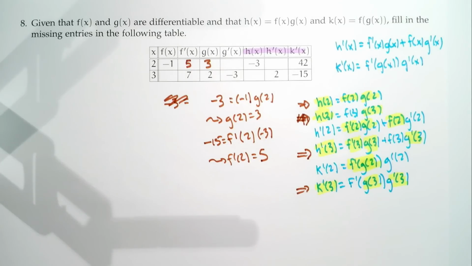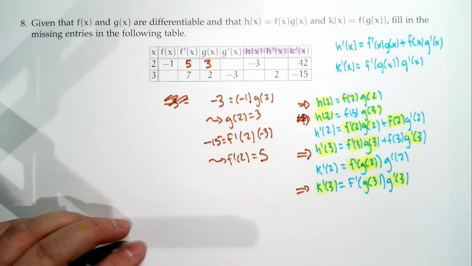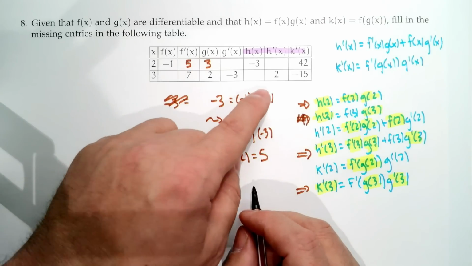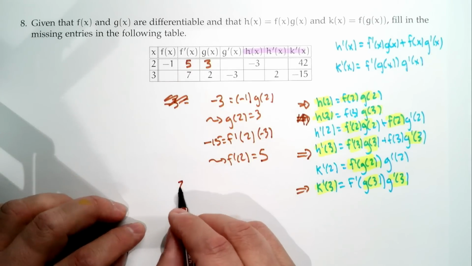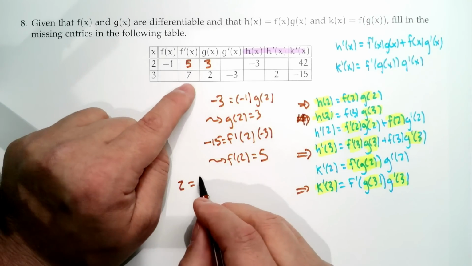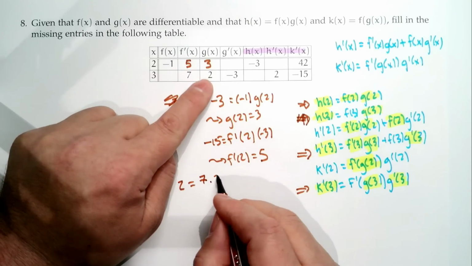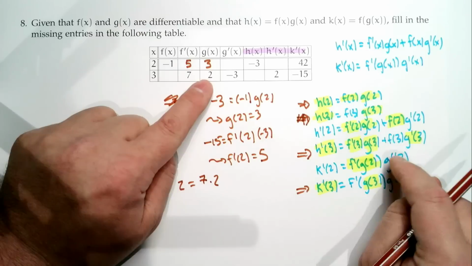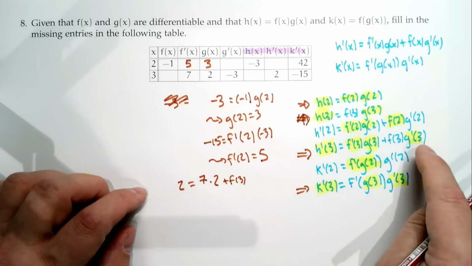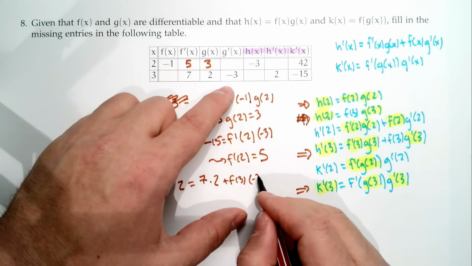H prime of 3. Notice that we have everything except f of 3. So we plug in what we know. So h prime of 3 is 2. That's equal to f prime of 3, which is 7, times g of 3, which is 2, plus f of 3, which we don't know, times g prime of 3, which is negative 3.